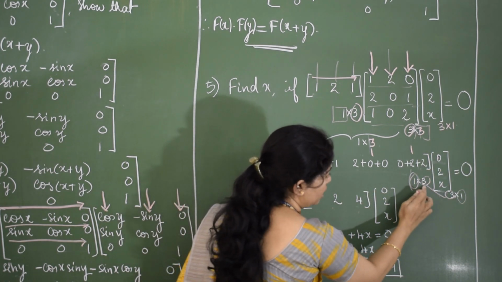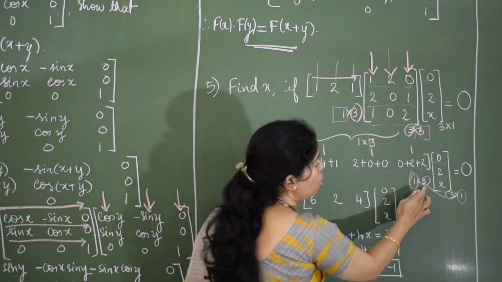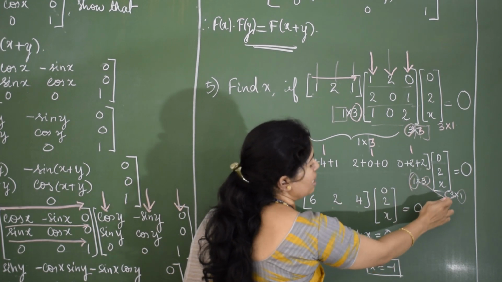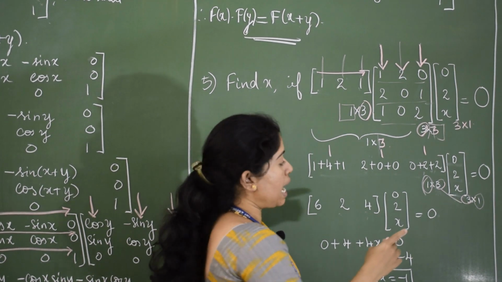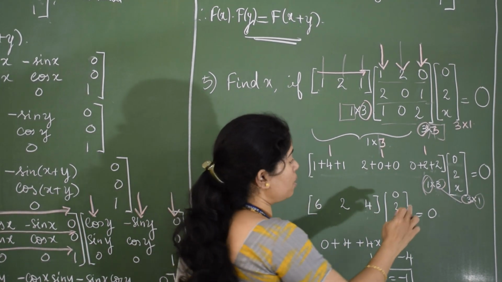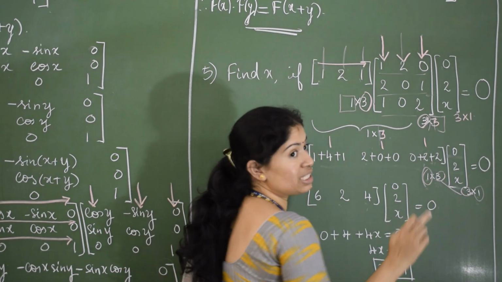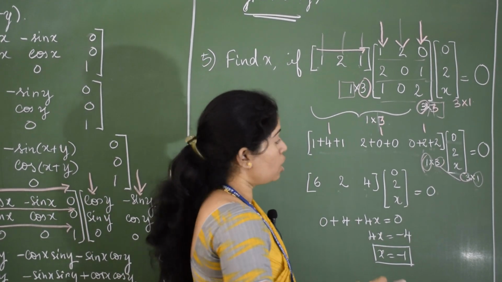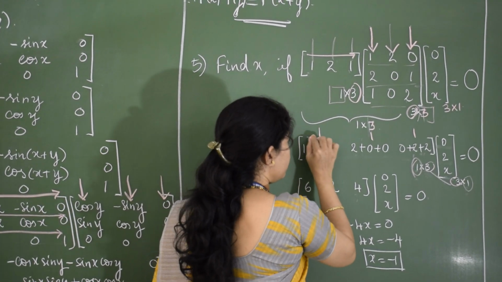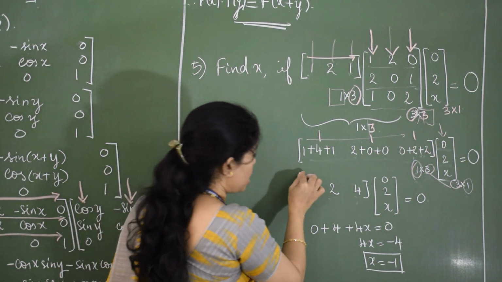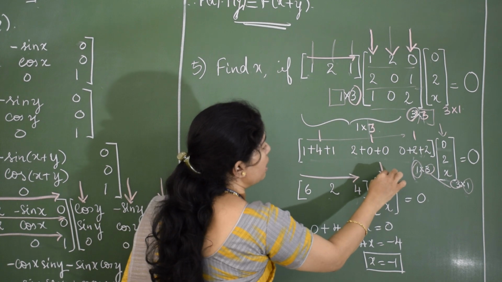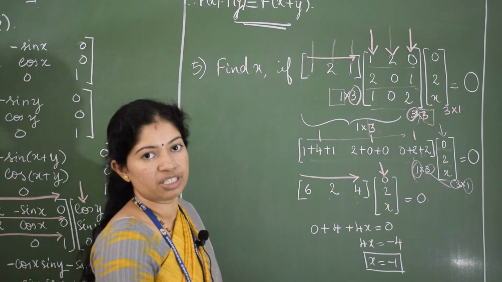You can see these two middle numbers, that is, the number of columns of the first one is the same as the number of rows of the second one. So the product is possible and the order of the resultant product is 1 cross 1, means it is having only one entry. So what we have to do? Take this row and multiply with this column. So you have to take the first row, multiply the corresponding elements of the first column.